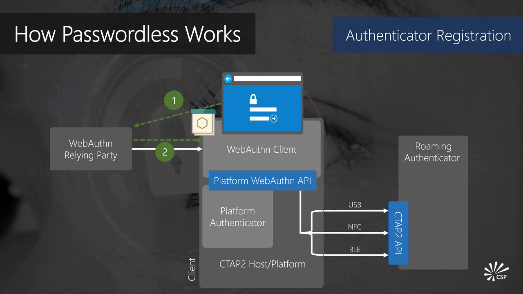So Azure AD is going to respond back to the WebAuthn client, or the browser, with some information. Some of this is parameters that identify what type of passwordless authentication method or device is needed, and the different capabilities that have to exist on that authenticator device.